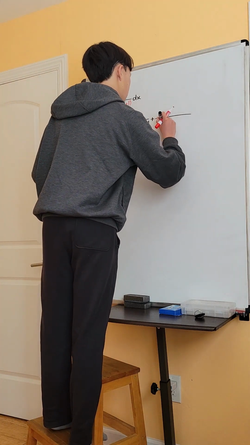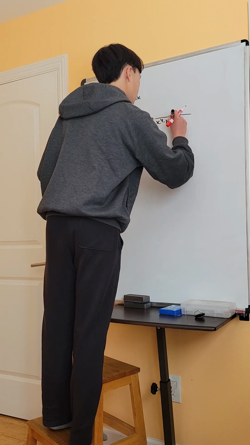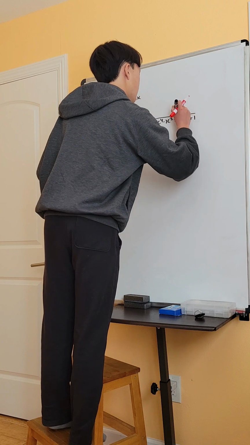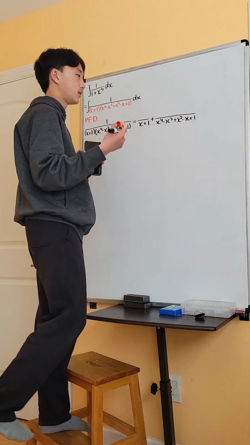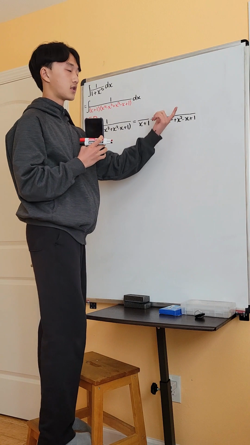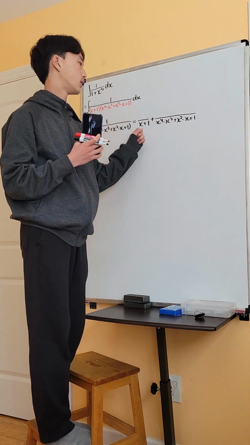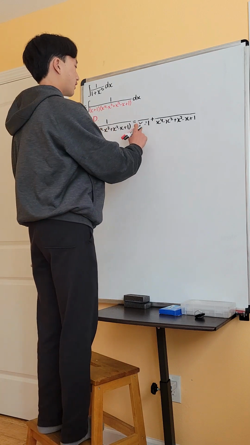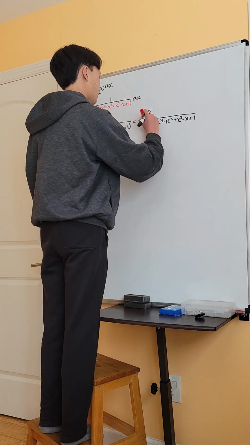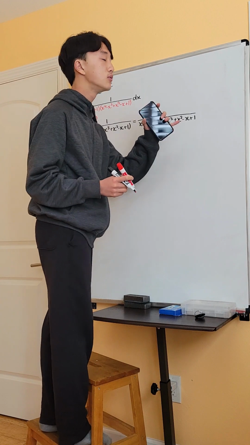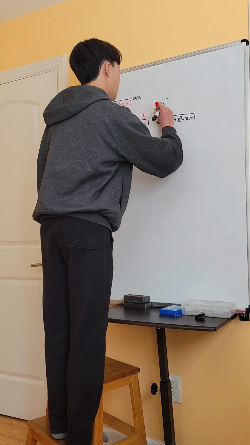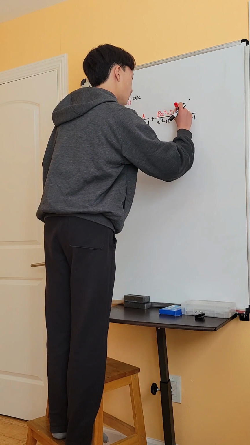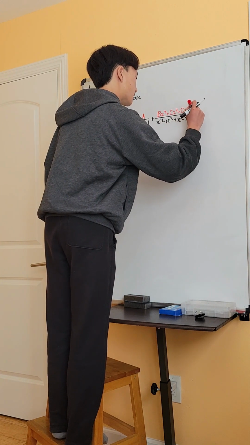So you got x to the fourth minus x cubed plus x squared minus x plus 1. And then we want polynomials on top with 1 degree less than the denominator. So on top of here, this would just be a constant numerator, a. Then here it would be a cubic numerator. So here's how we do this. We write bx cubed plus cx squared plus dx plus e.